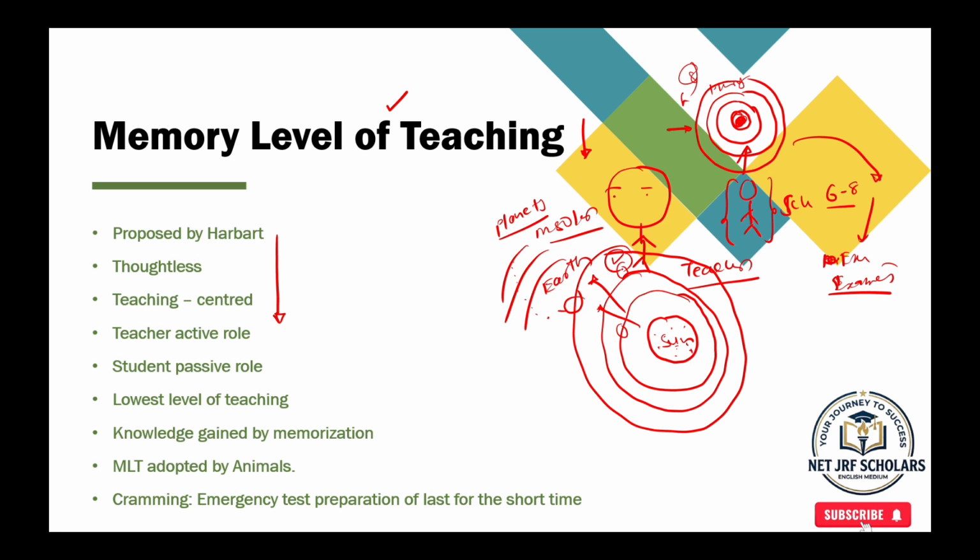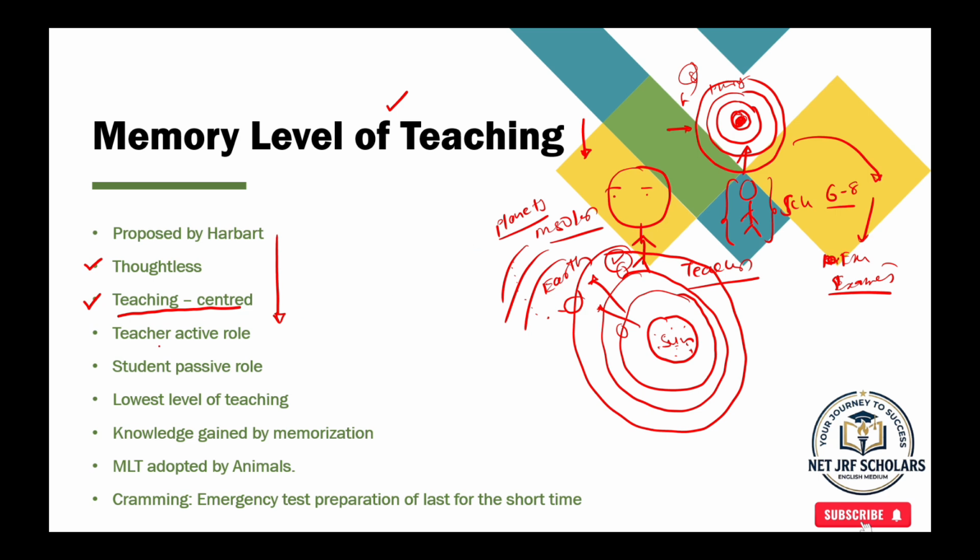Here, is there any thought process going on in the minds of the children? No, they just need to memorize the things taught by the teacher. That's why it is a teacher-centered method, because all the efforts are taken by the teacher, just asking them to memorize, and she may give some mnemonics for the students to memorize the concepts.